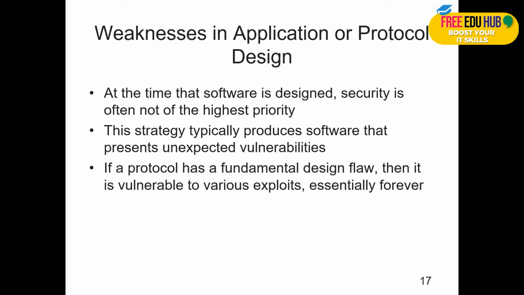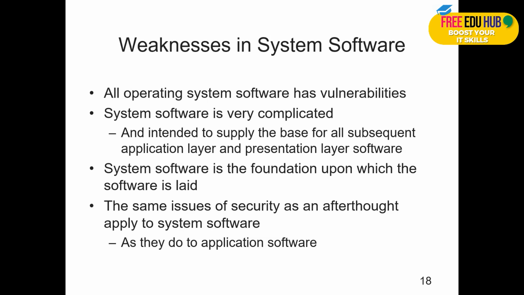If a protocol has a fundamental design flaw, then the vulnerability to various exploits essentially is forever, unless you check it. If you don't check it, it will remain on the machines, and whoever has access to those servers will keep on accessing the services stored on them.